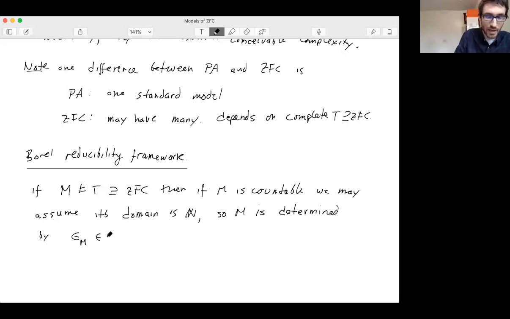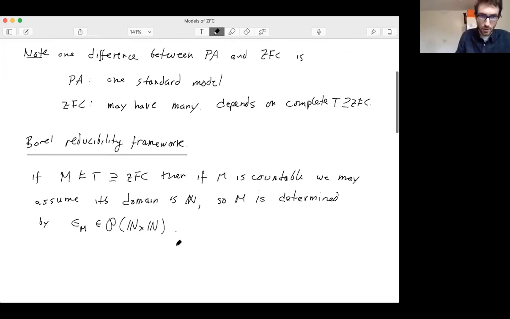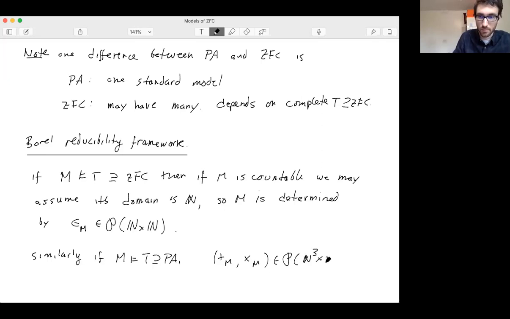And that would be an element of the power set of N cross N. Similarly for PA, you have a plus of M and a times of M, and that's going to be an element of some big product.